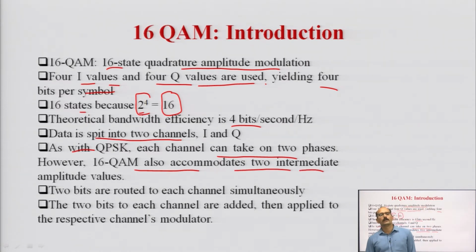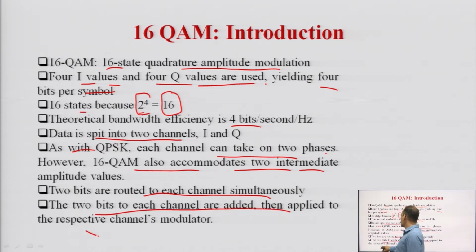That means in the previous 4 QAM you are using only 2 phase changes, but in 16 QAM you can also use 2 intermediate amplitude changes. So, 2 bits are routed to each channel simultaneously, as I told you earlier, and the 2 bits to each channel are added and then applied to the respective channel modulator.